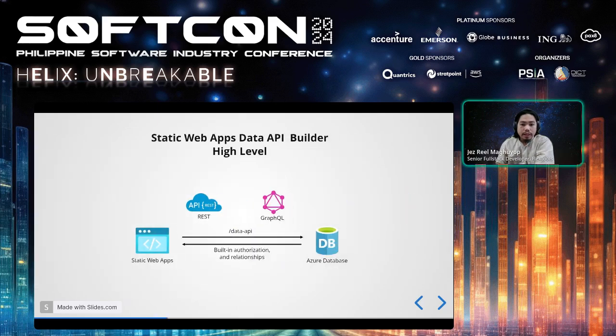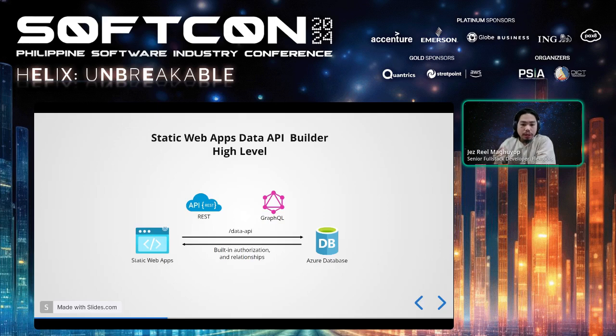Next is database connection. As I mentioned, it's a new feature that was introduced in static web apps, which makes it easier for you to connect your static web apps to your existing databases. The good thing here is it provides REST and GraphQL endpoints that allow you to make CRUD requests to your database without doing any coding, just pure configuration.